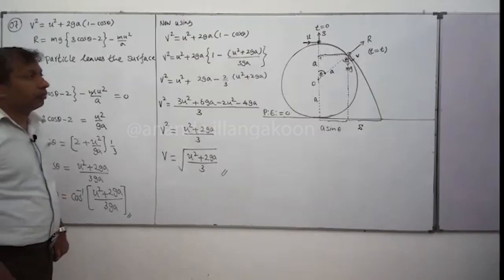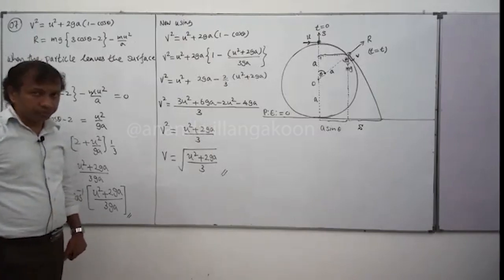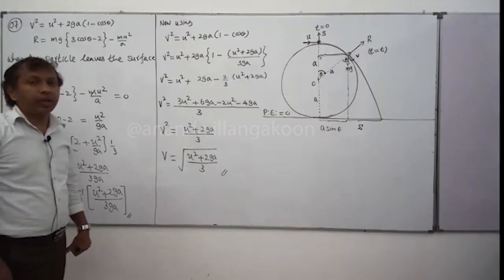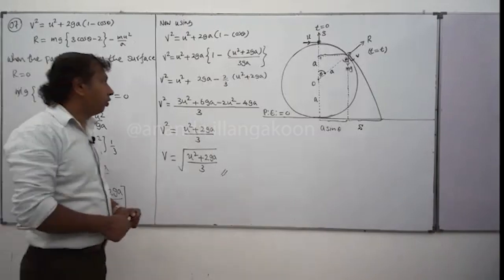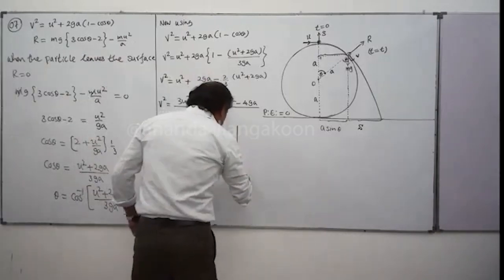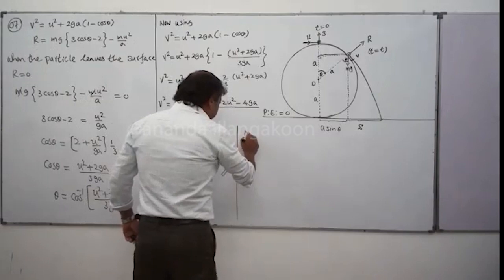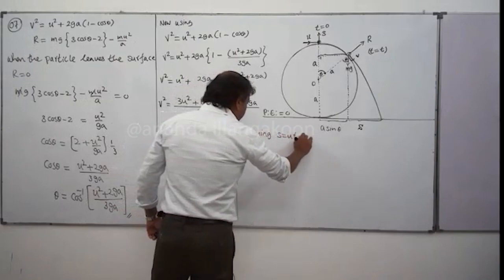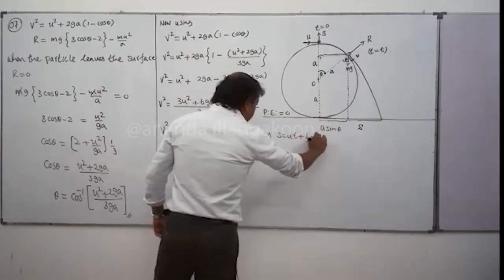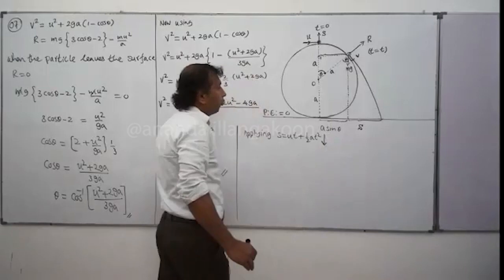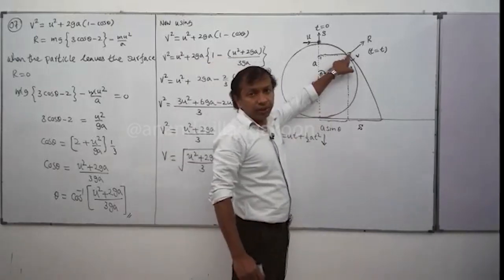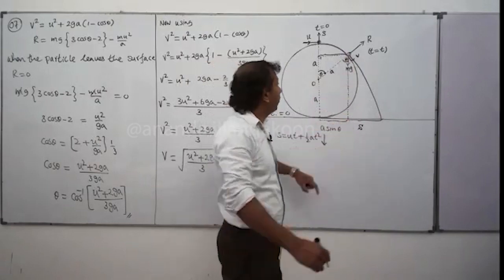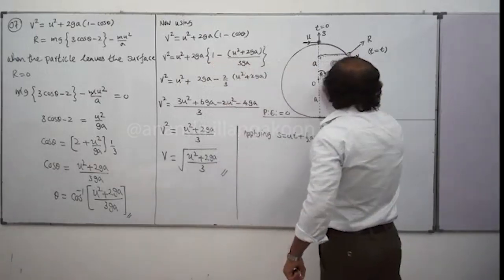We can first apply s equals ut plus half at squared in the downward direction for the particle after leaving the circular surface until it reaches the horizontal plane. What is this height?